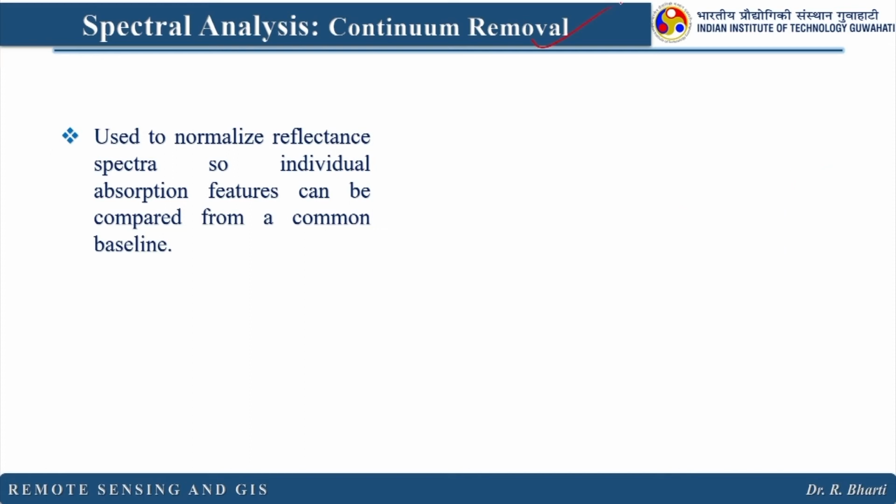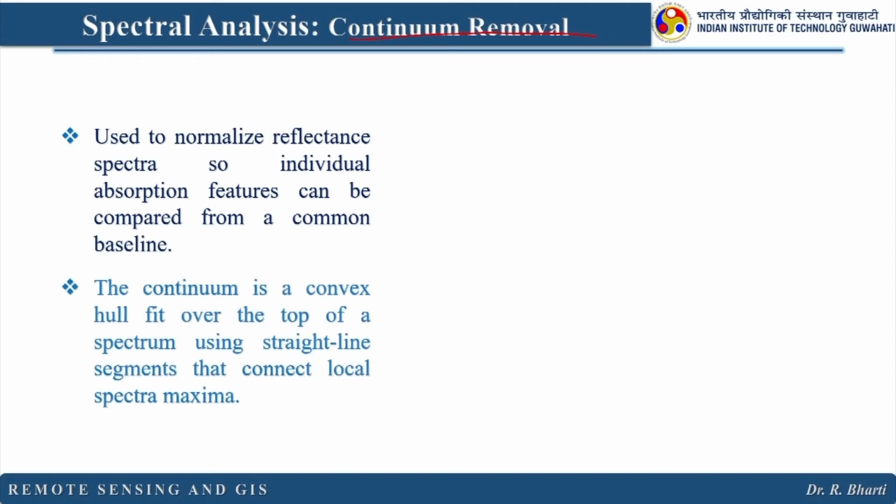Here, continuum removal is one of the best techniques to normalize this reflectance spectra, so individual absorption features can be compared from a common baseline. The next point is, the continuum is a convex hull fit over the top of a spectrum using straight line segments that connect local spectra maxima.